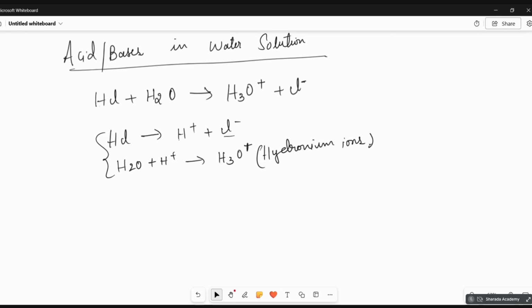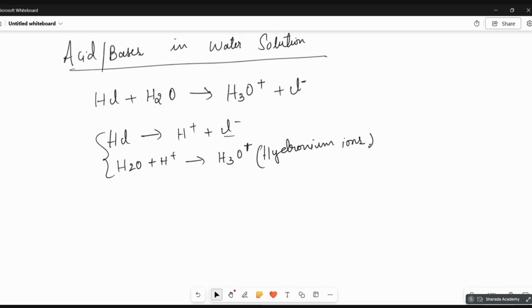Because it will not split and will not produce H plus ions. If you dissolve HCl gas in the water, it will split into H plus and Cl minus. If it combines with the water, it will form H3O plus hydronium ions.